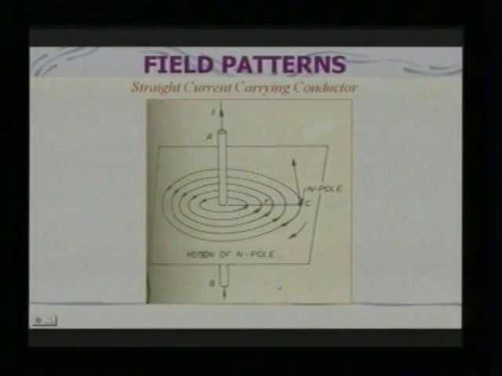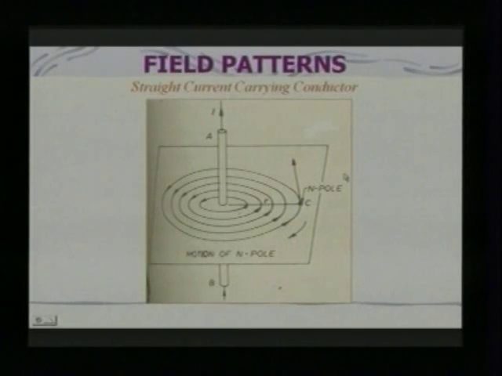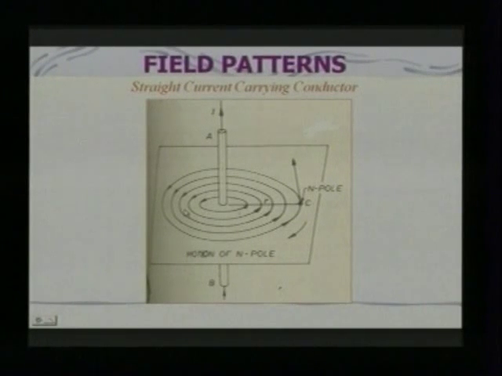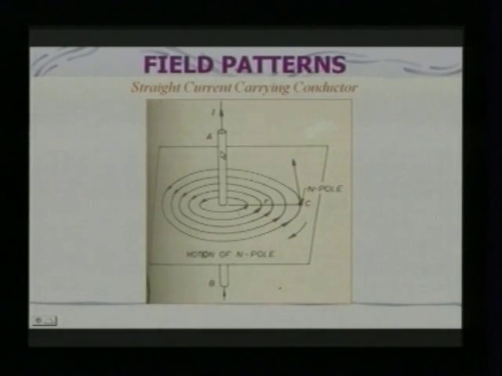Now if we observe the field pattern of straight current carrying conductor, the field direction is a set of concentric circles around the axis of conductor, and the direction of the concentric circles, that is clockwise or anti-clockwise, depends upon the direction of current, that is either towards the observer or away from the observer.